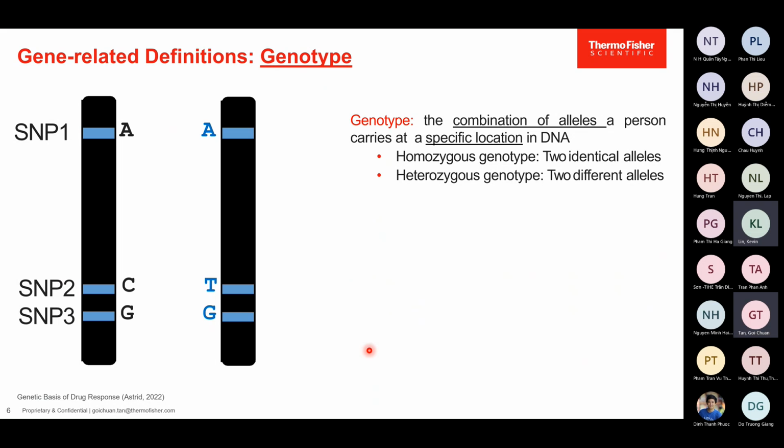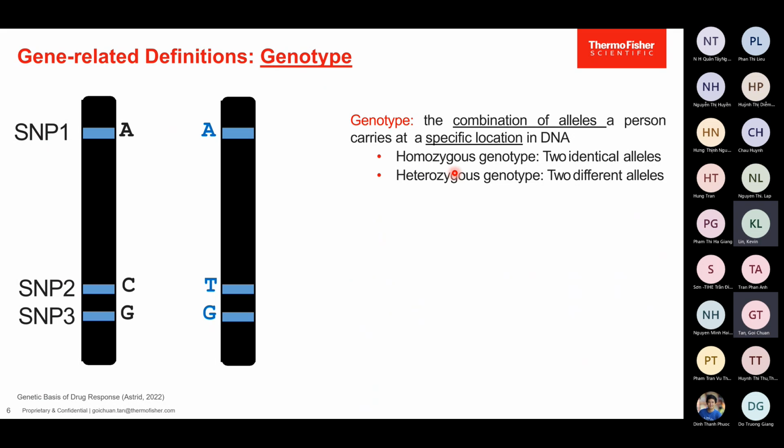When you do genotyping, one of the words that you very often see is genotype. The definition of genotype is the combination of the alleles a person carries at a specific location in the DNA.